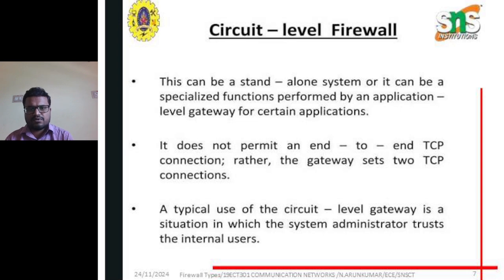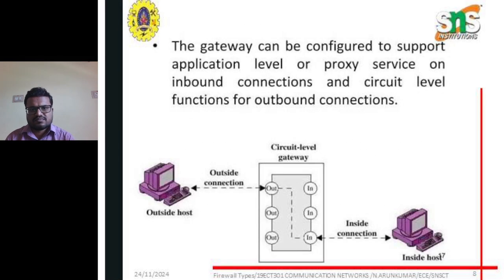Based on the firewall only can we send any information to the acknowledgement process. The gateway can be configured to support application level or proxy service. Whenever we transmit any information from the user, the gateway is the tool which stops unwanted unauthorized access to the data.